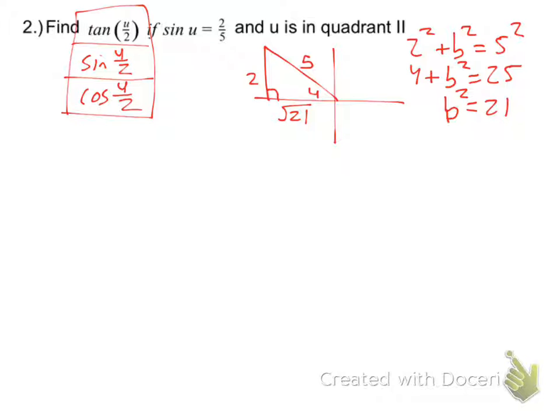Now, do what you just did for double angle stuff and say sine of u over 2. That's a u. Sine of u over 2 is the square root. Wait a minute. How do I know if this is going to be a positive or a negative?